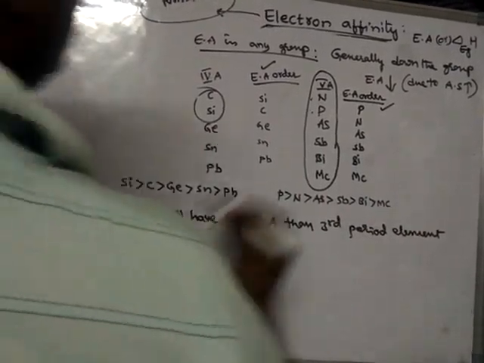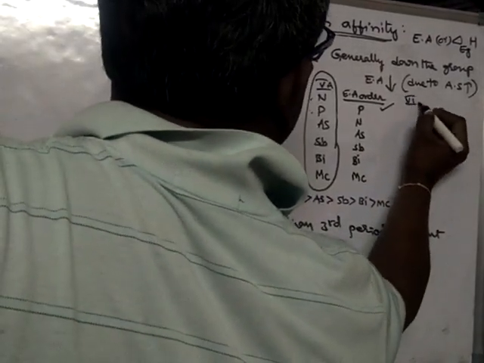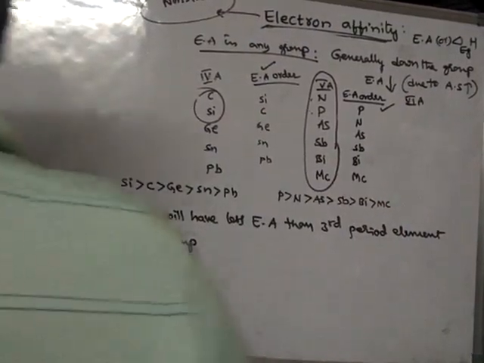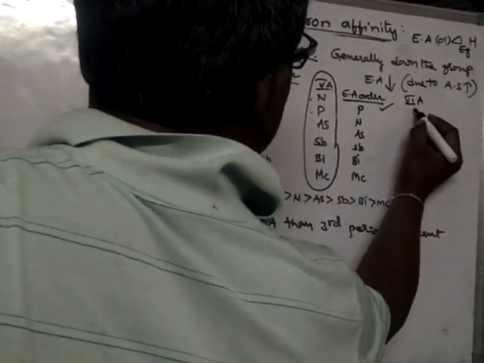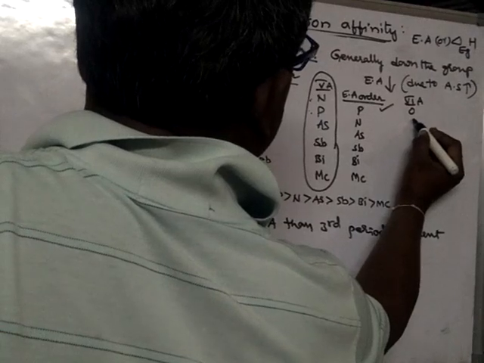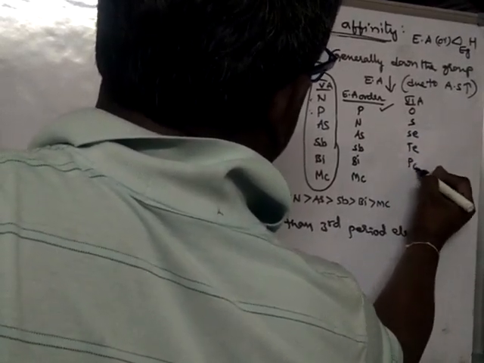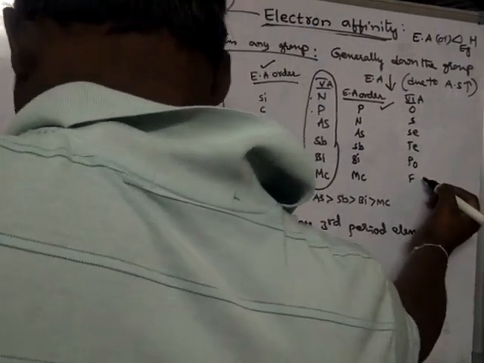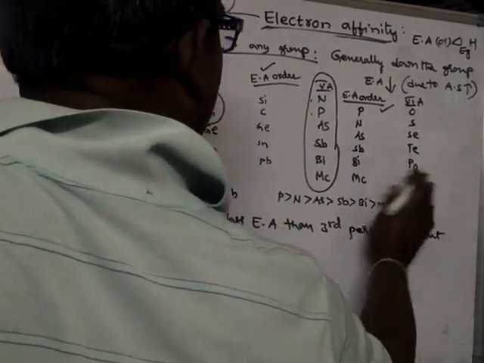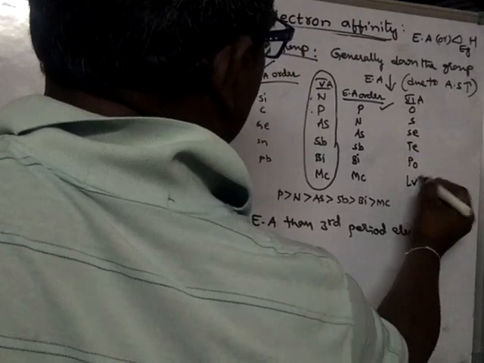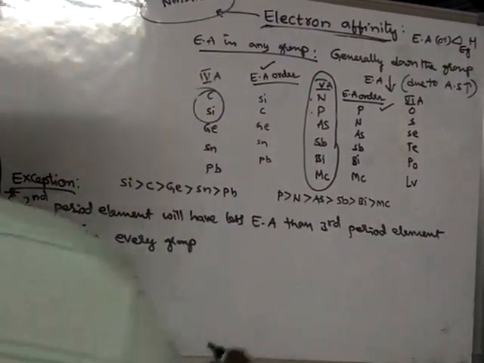In the same way, sixth A group. See here, how the elements are arranged. Actually, sixth A group should possess oxygen, sulfur, selenium, tellurium, polonium, and livermorium. It should be like this.